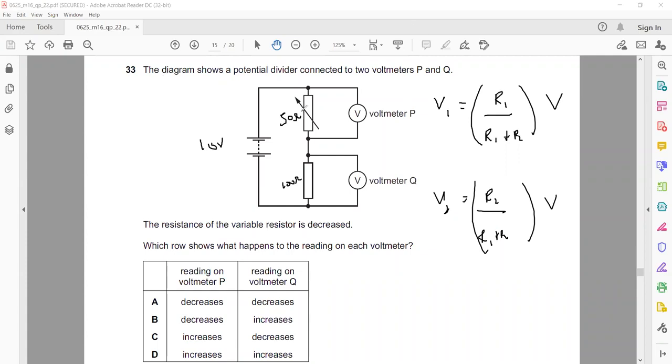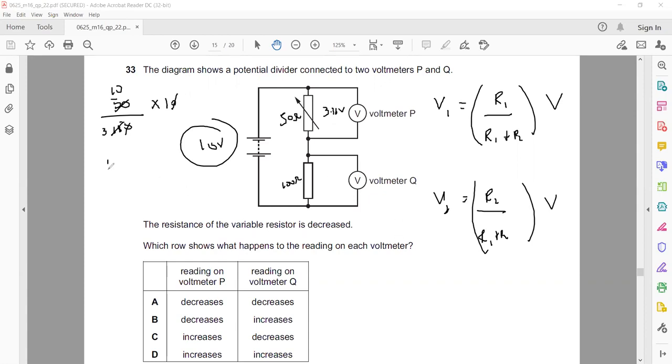R1 is 50 divided by 50 plus 100, that's 150, times the combined voltage, that's 10. When I solve, this 0 will cancel with 0, then this will be 1 over 3 times 10, so this will be 3.33 volts.